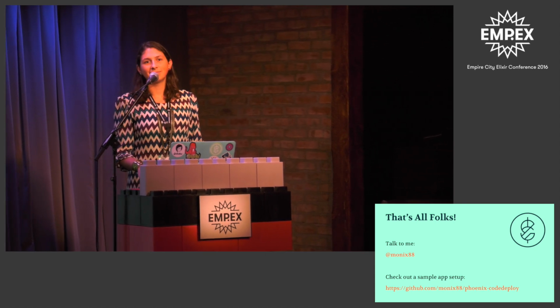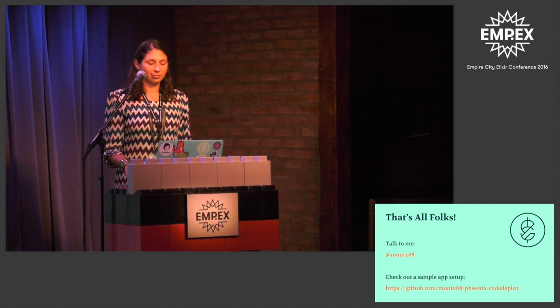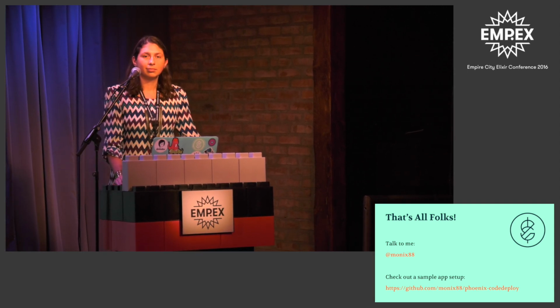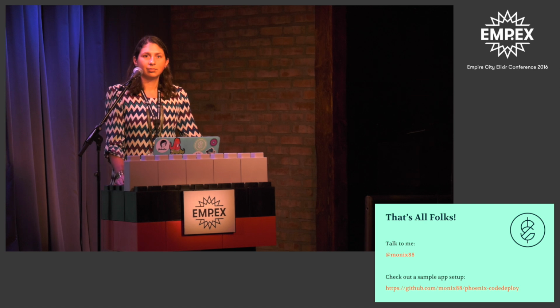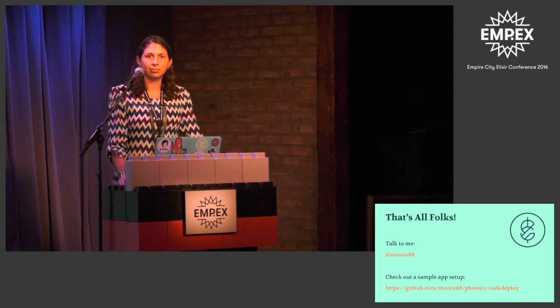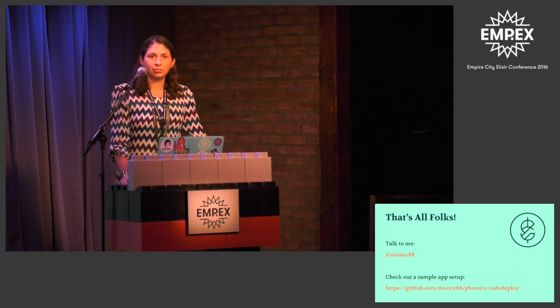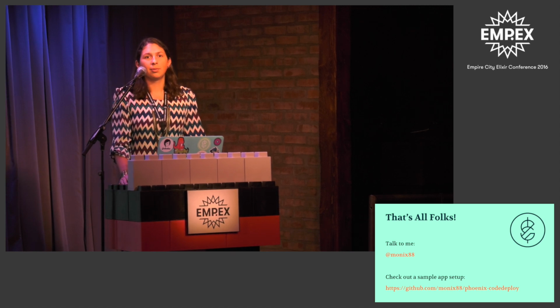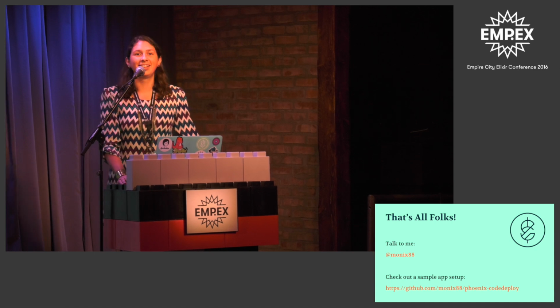So I was wondering, in terms of your deployment structure, when you're deploying to your QA and then to production, are you using some sort of flow that uses the same build, or is it actually rebuilding each time? So we are rebuilding. Can you repeat the question? Oh, yes.